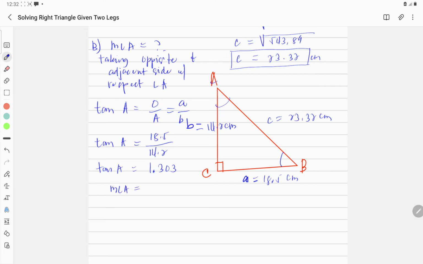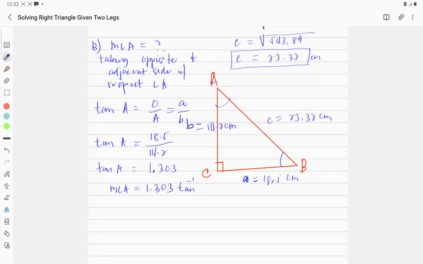So finding the measure of angle A, that is equal to the arc tangent of 1.303. Using your calculator, you key in shift tangent, then you key in 1.303.